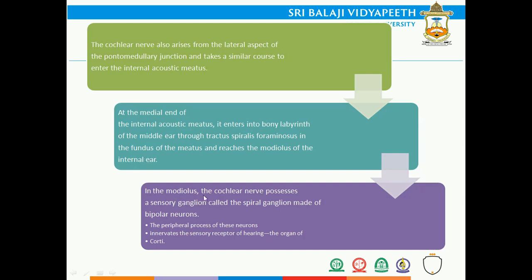In the modiolus, the cochlear nerve possesses a sensory ganglion called the spiral ganglion, made of bipolar neurons. The peripheral processes of these neurons innervate the sensory receptors of hearing, called the organ of Corti. So this is the nerve which innervates the organ of Corti for the sense of hearing as well as for the sense of equilibrium.